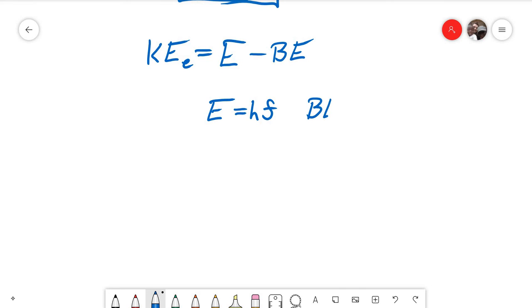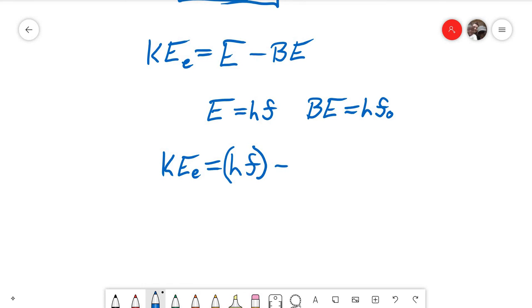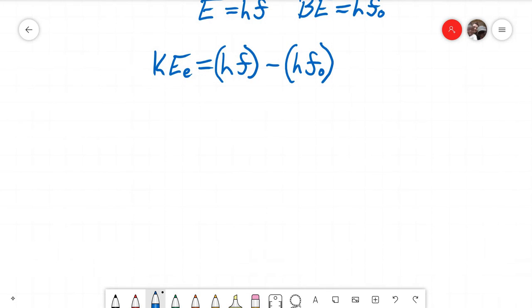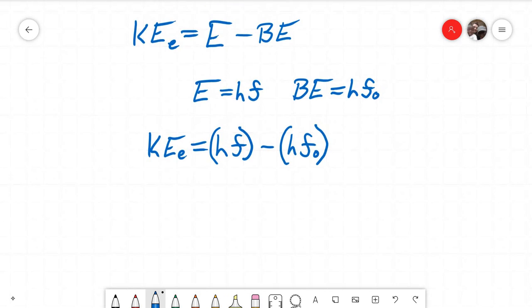And to calculate our binding energy, we can say that the binding energy is equal to, once again, Planck's constant, but now multiplied by that threshold frequency that we mentioned earlier. So now we can plug in those variables to our equation. The kinetic energy of our electron is going to be equal to Planck's constant times the frequency of our photon minus Planck's constant times the threshold frequency. So if we have those variables, we can determine the kinetic energy of our electron.